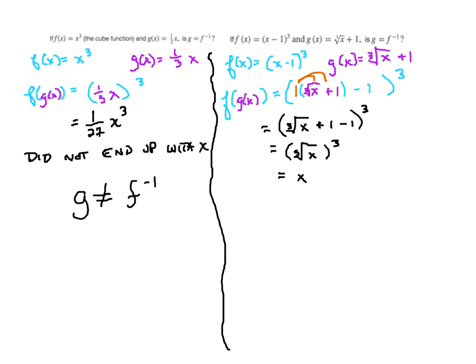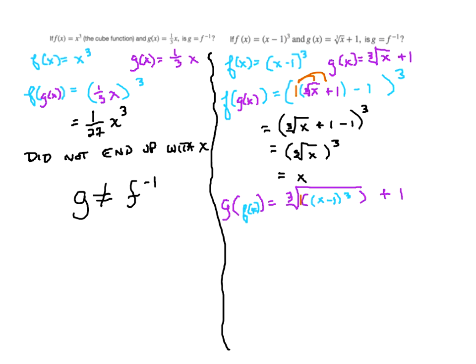Have to compose the other way to give it a check. So now we're going to do g of f of x, and g is the cube root of something plus 1 on the outside, and that something is f of x, which is x minus 1 cubed. Okay?